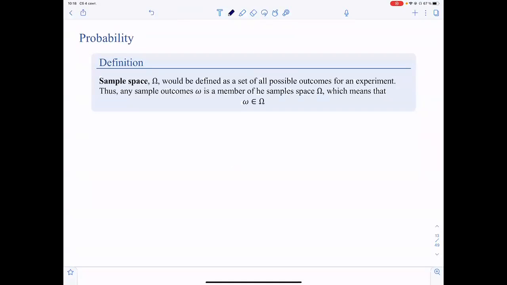Here I may do some picture. So I say the following, look, I do say that an experiment has some list of possible outcomes. For example, a die.